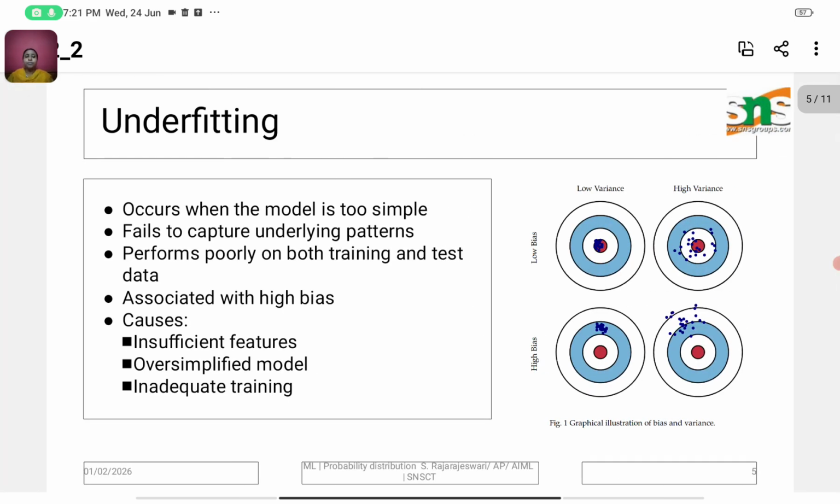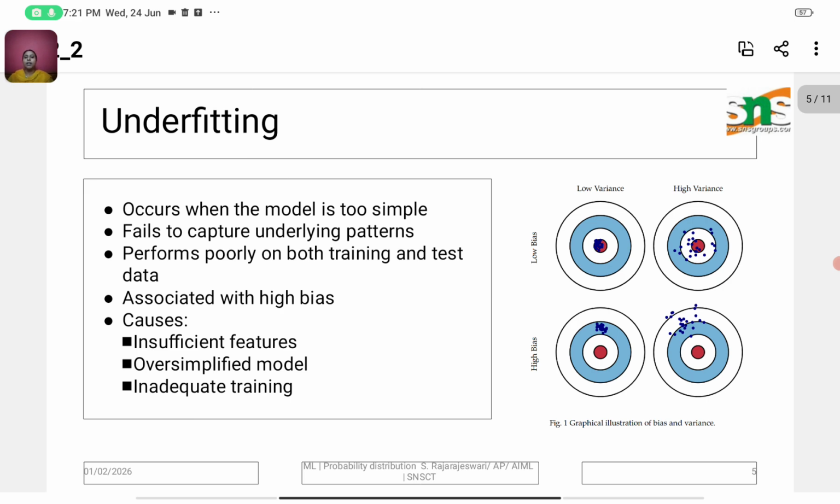Underfitting mainly occurs when the model is too simple. It may fail to capture underlying patterns, so it performs poorly on both training and test data. It is associated with high bias.